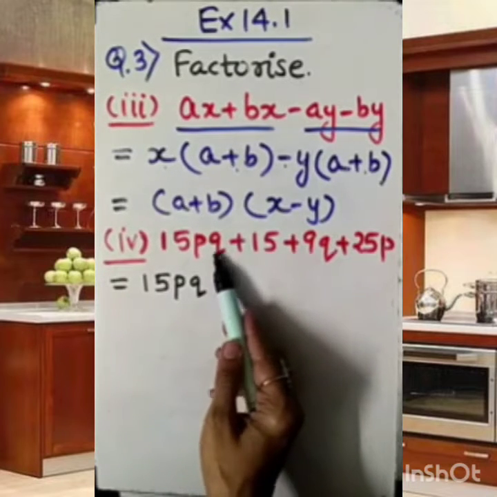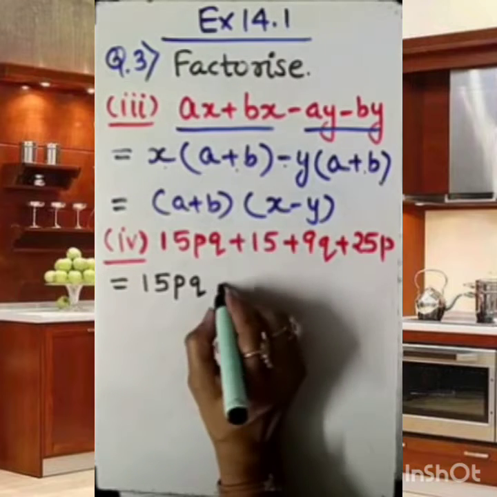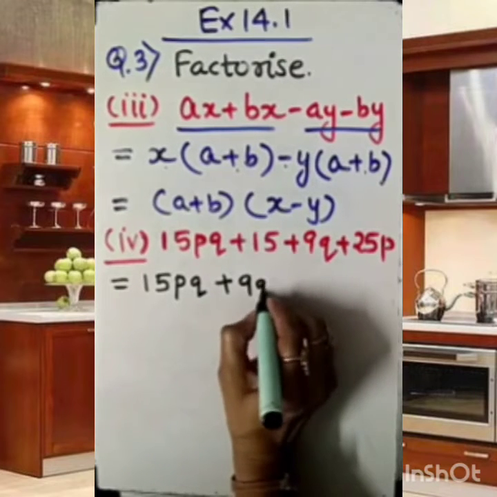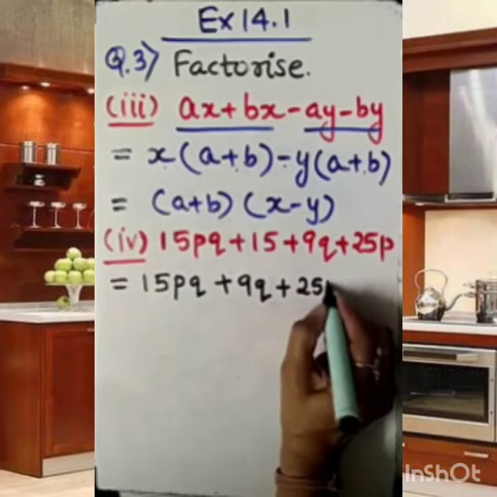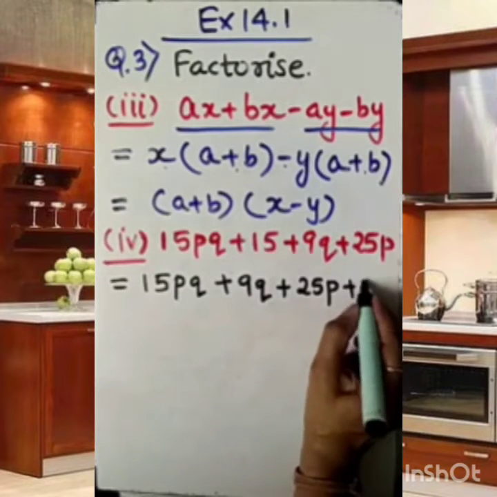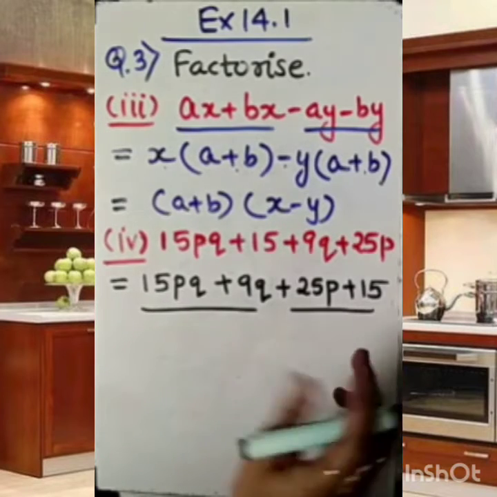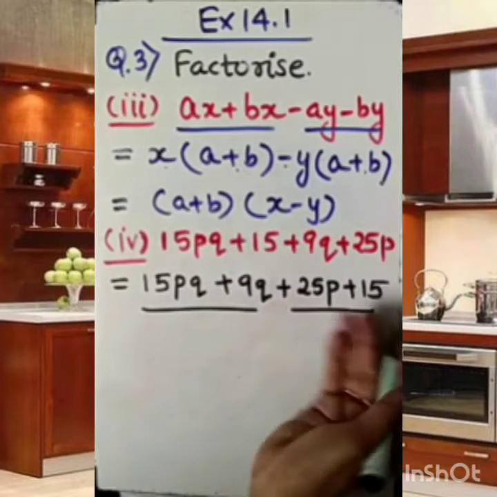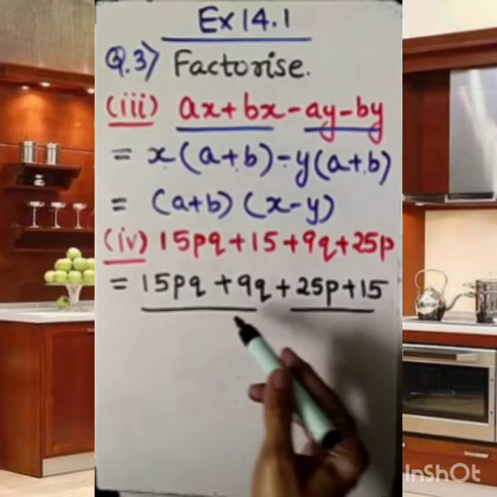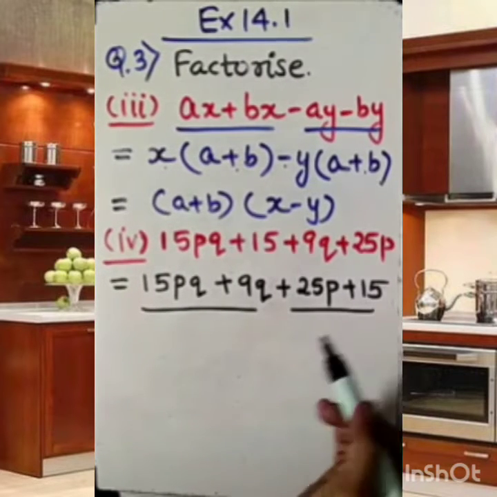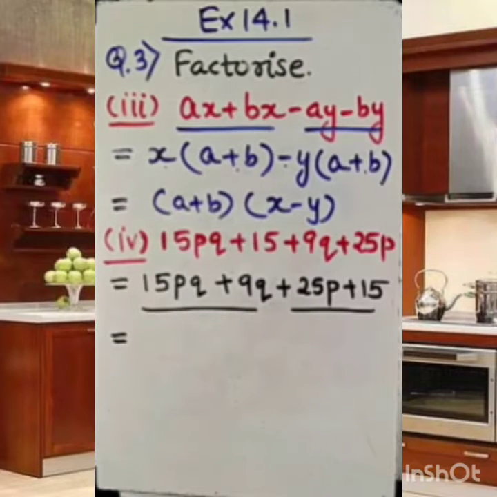I am choosing 15pq, along with that I am choosing 9q. Then 25p, and the constant term at the end, that is 15. It is not necessary you go with this arrangement; some other arrangement is also possible, so that both the brackets are similar.